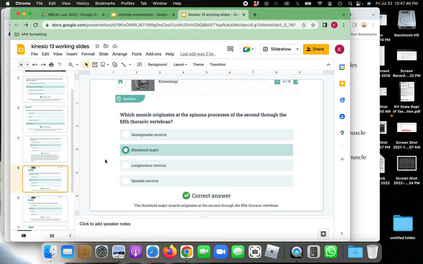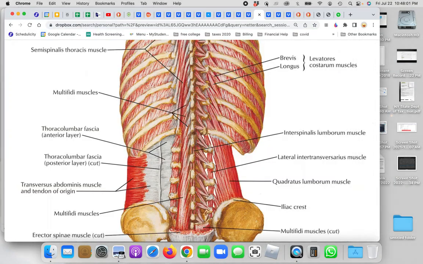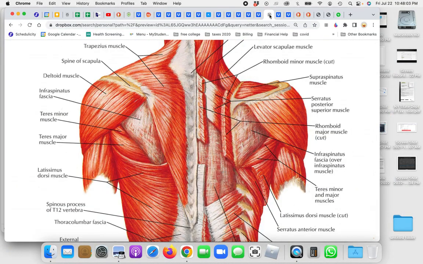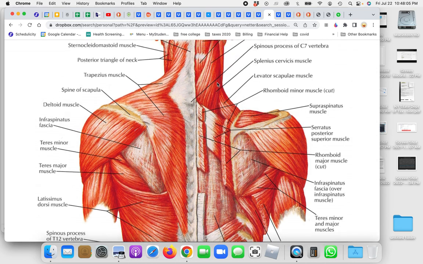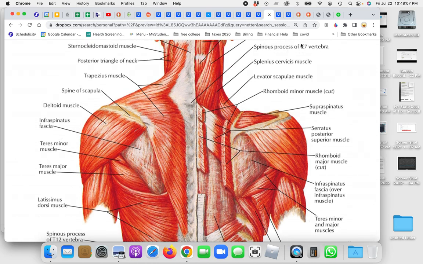Which muscle originates at the spinous process of the 2nd through the 5th thoracic vertebra? Semispinalis cervicis, Rhomboid Major, Longissimus cervicis, Spinalis cervicis. Again, it'll be enough just to look at the rhomboids. So this bump here is the spinous process of C7.